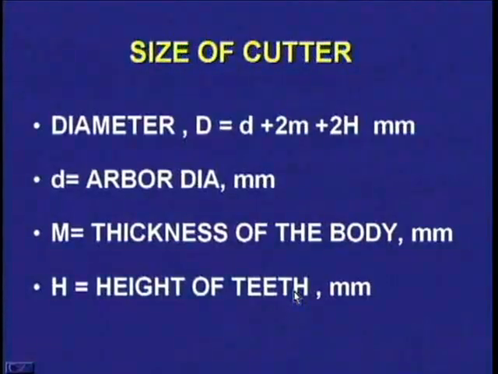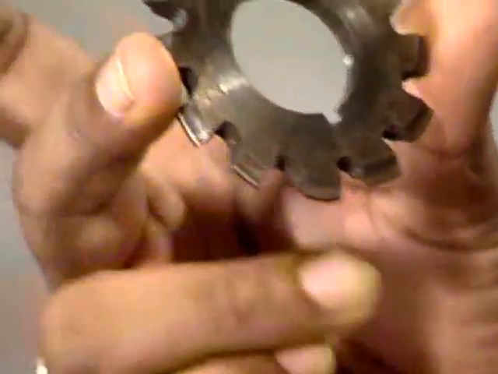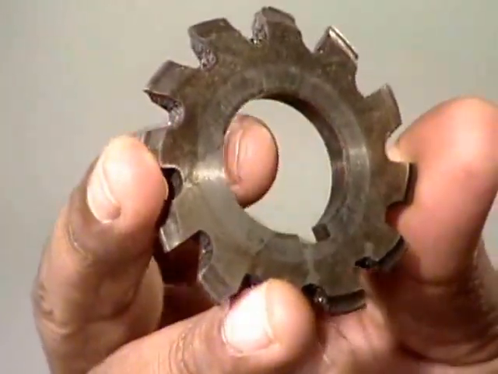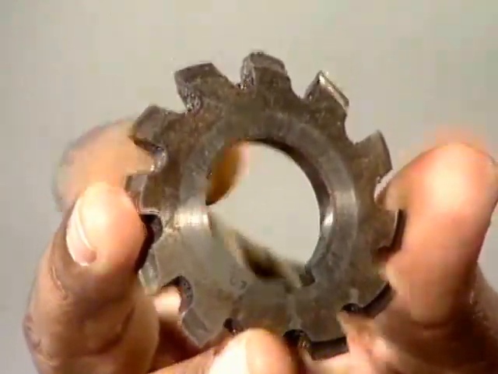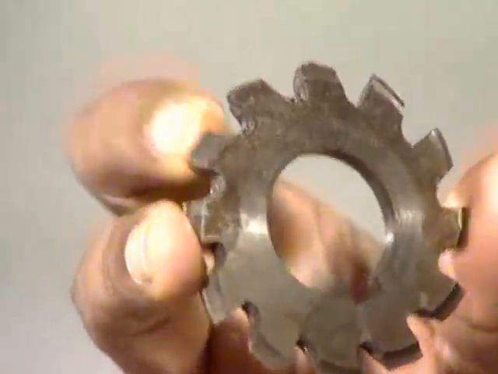So this is a plain milling cutter, a milling cutter having a number of teeth. The total diameter is the overall diameter, this is the small d, and m is the thickness of the body as well as the height of the teeth. These three things will be taken into consideration for arriving at the size of the cutter, the total diameter of the cutter.